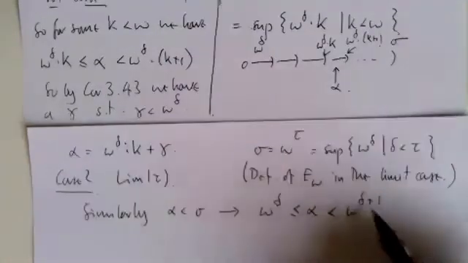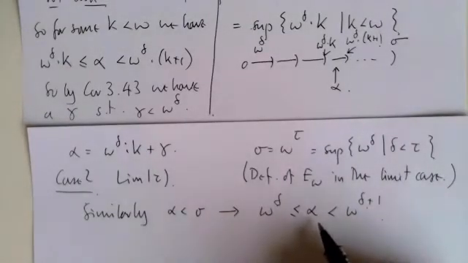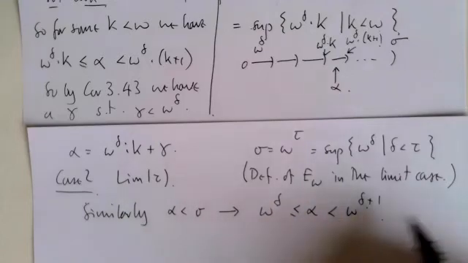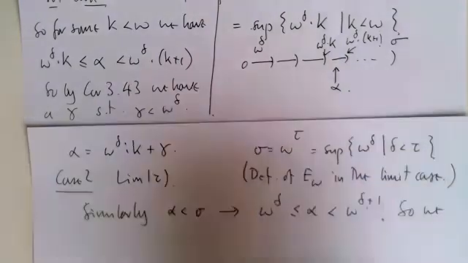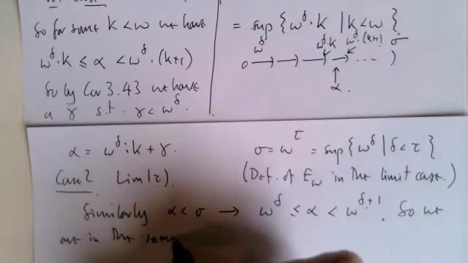And these deltas are all less than tau, right, over here. But now I'm in exactly the same situation as before. I've got alpha between omega to the power delta and omega to the power delta plus 1. So we're in the same situation.